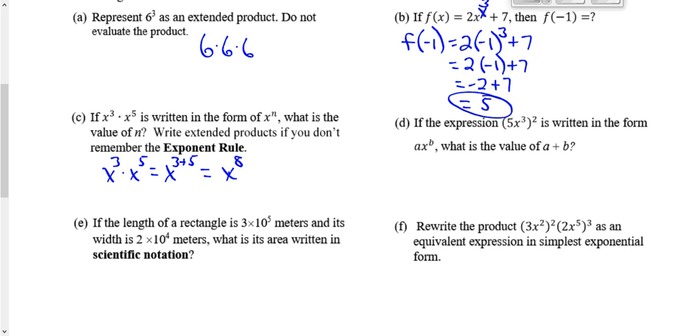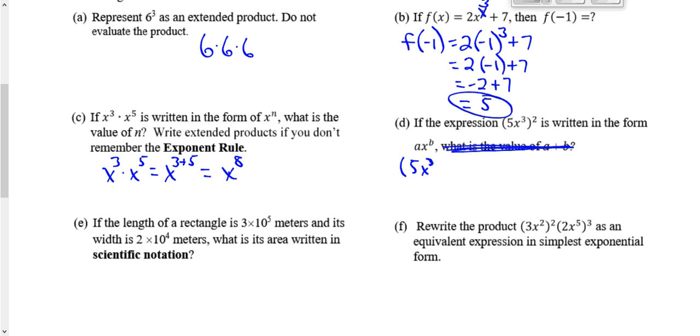Okay, now D, we have a power to a power, right? We want to know what is the value of A plus B. That's a weird question. But we're just going to expand this out because I want you to see this. So I'm going to take 5x cubed. What's getting cubed here, by the way?